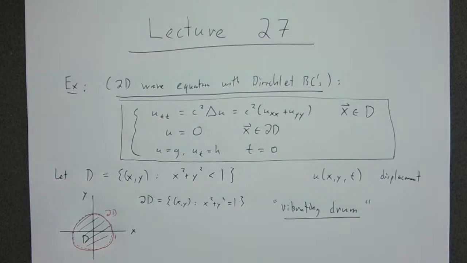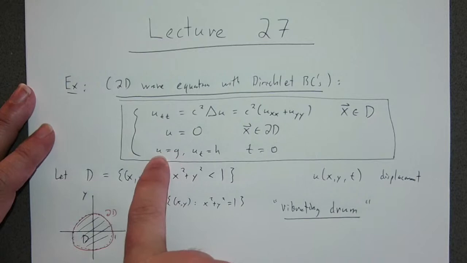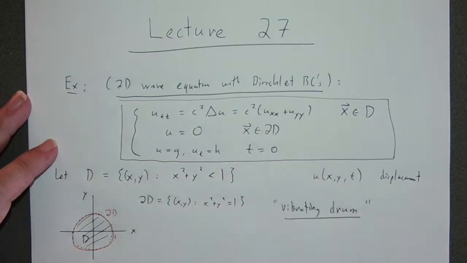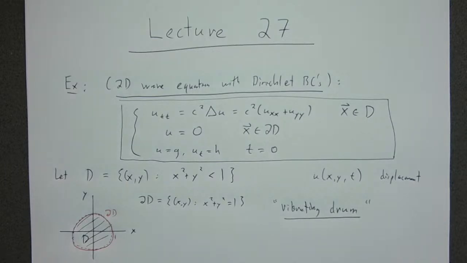If you think of the membrane stretched over the top of the drum, it has a fixed boundary, and with some initial displacement and velocity, such as smacking the drum or some other disturbance, there are vibrations of that membrane, modeled by this wave equation. So this is exactly the two-dimensional analog of the vibrating string for the 1D wave equation.